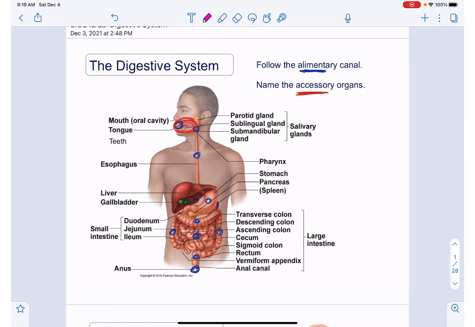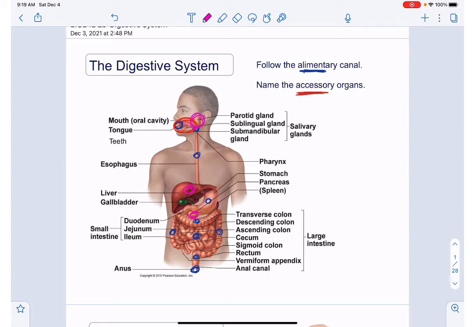So some examples of this are the salivary glands, the pancreas, the liver. These are all accessory organs that are located outside of the alimentary canal, but they're going to make products and secrete those products via ducts into the alimentary canal, and that's going to contribute to digestive processes.